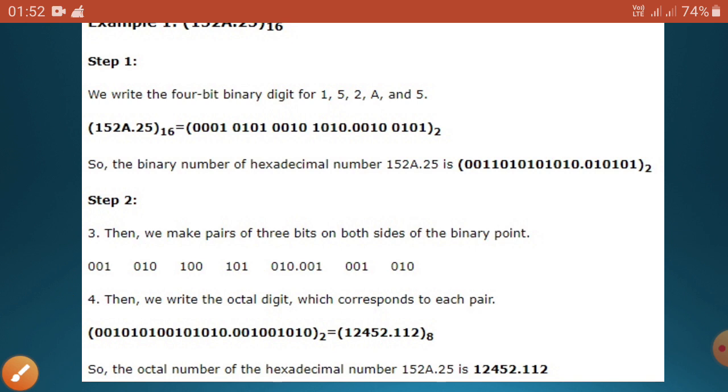So here we first convert all the hexadecimal values into binary numbers and then make groups of 3 bits. So the octal number of hexadecimal 152A.25 is 12452.112. I think it is clear.